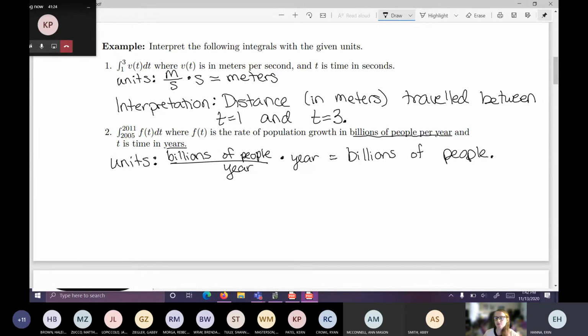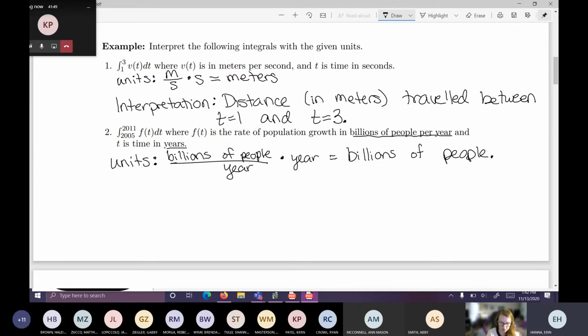And again, an integral is essentially going over some period. In this case, it's a period of time in years. So this is essentially going to tell us the change in the amount of billions of people in 2011 versus the amount of billions of people in 2005. So it's kind of like the difference in the population, the change in the population between 2005 and 2011.